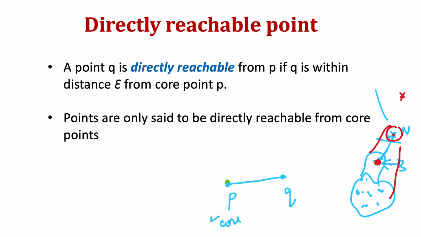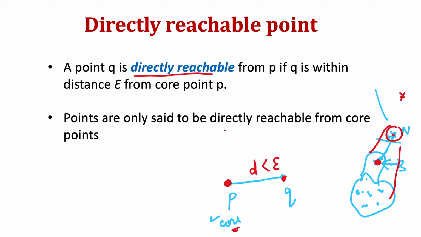Directly reachable is also related to this. P has to be a core point. Then Q will be directly reachable if it's within epsilon distance, so this distance D has to be less than epsilon. If Q is beyond epsilon, then it will not be directly reachable from P.